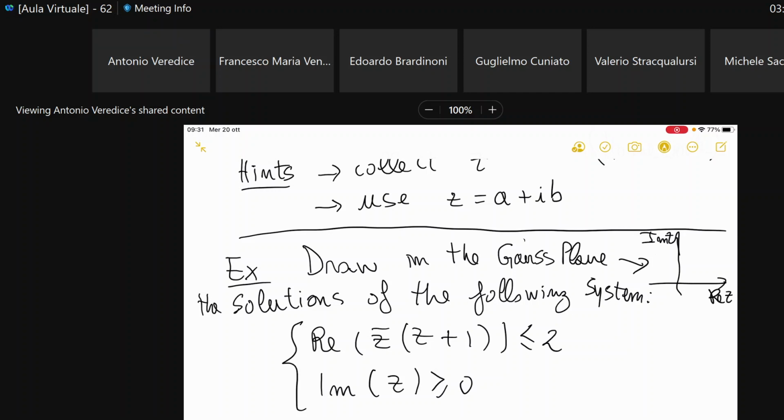Okay, it is actually not an exercise focused on the complex numbers. Because once you have computed the product of complex numbers and computed the real and the imaginary part, this system turns out to be a system of inequalities in the Cartesian plane. Okay, you'll find a half plane. Let me give you some hints.